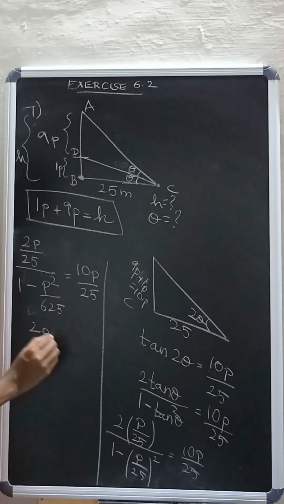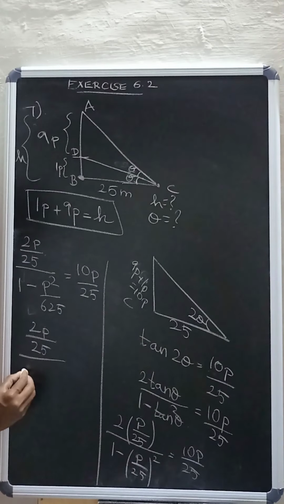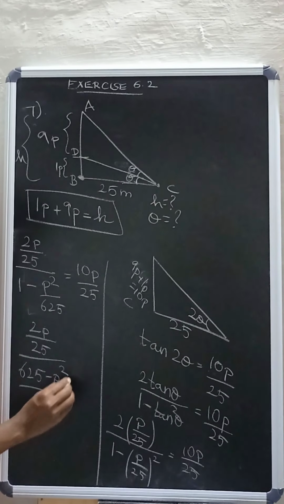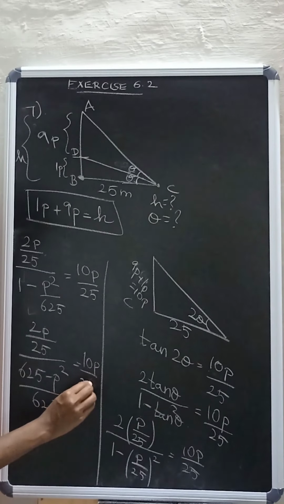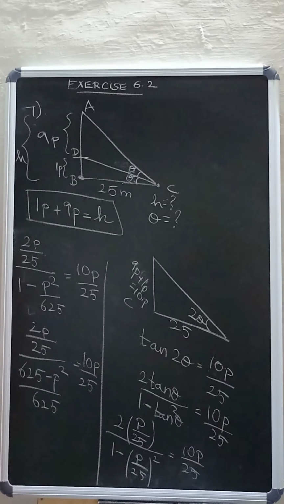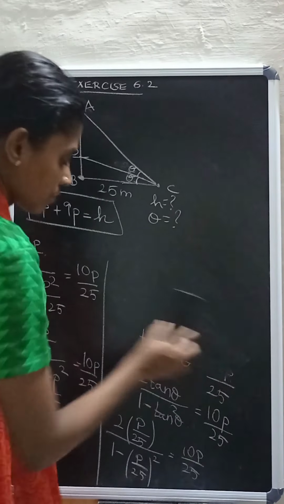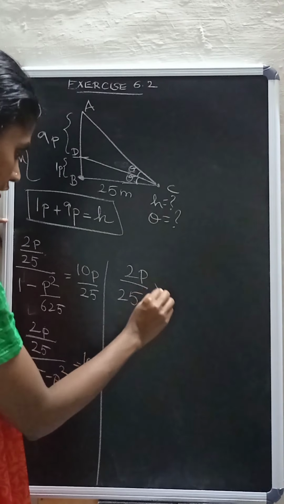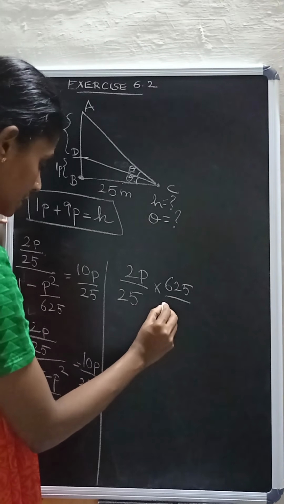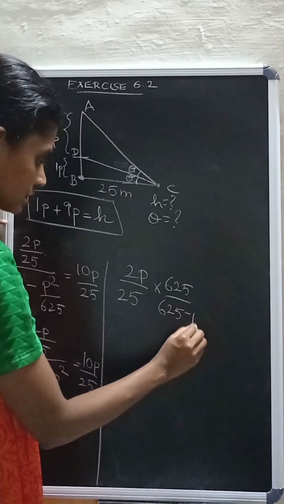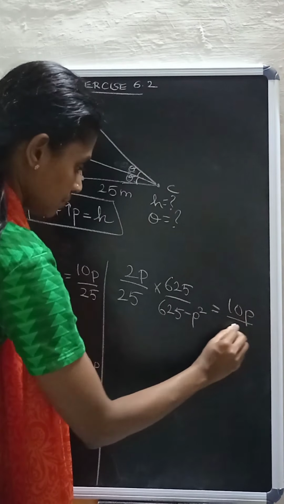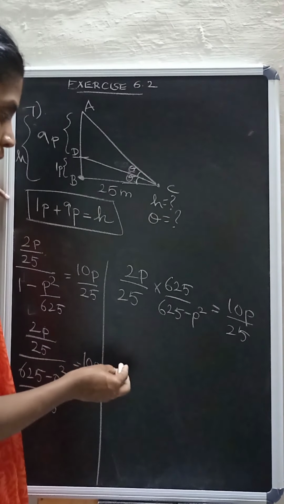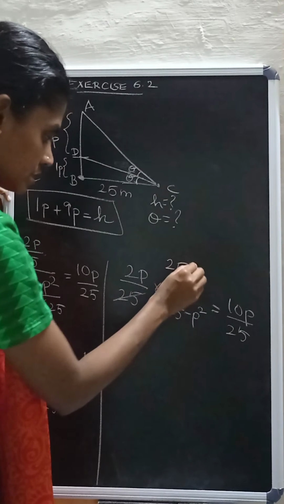Take LCM here. 2p by 25 divided by 625 minus p square divided by 625 is equal to 10p by 25. 2p by 25 into 625 divided by 625 minus p square is equal to 10p by 25. 1 into 25, 625.